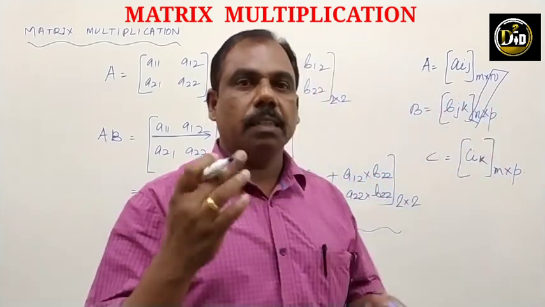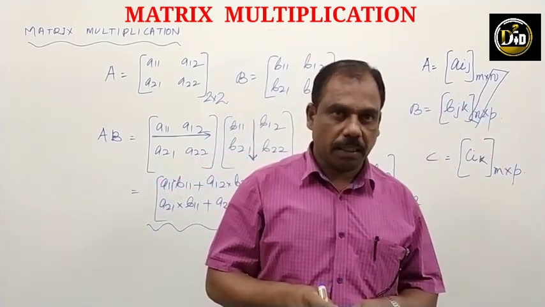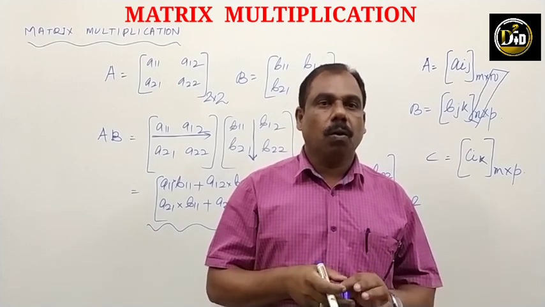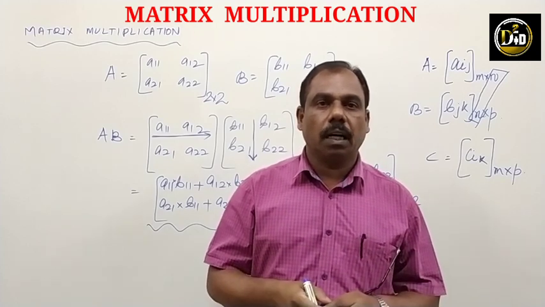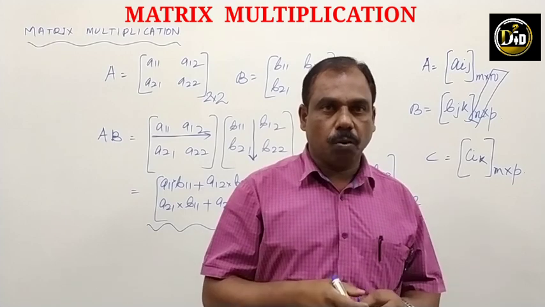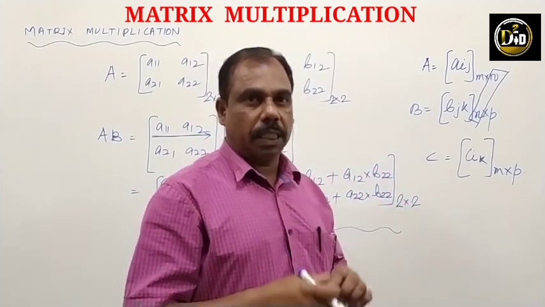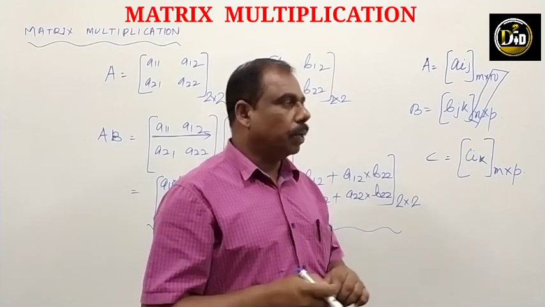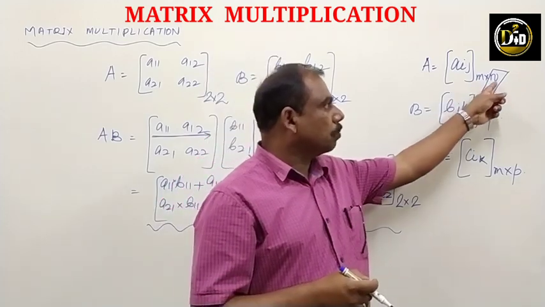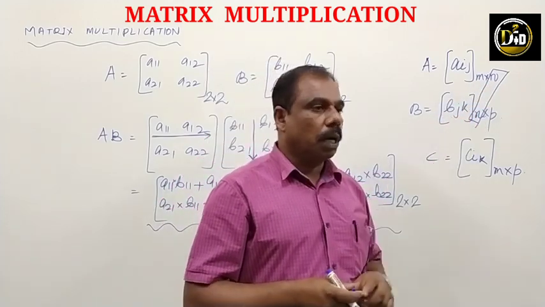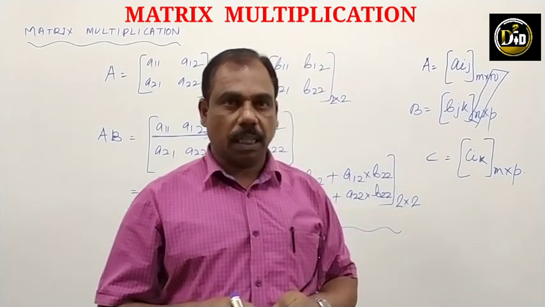So it is entirely different from the concept of addition. Addition is possible only when the orders are equal. But multiplication is possible only when the number of columns of the first matrix is equal to the number of rows of the second matrix.